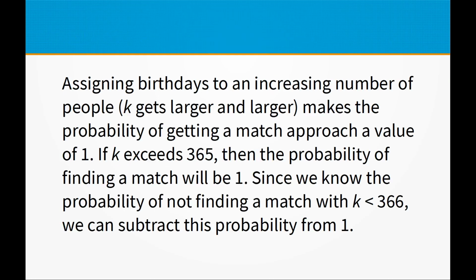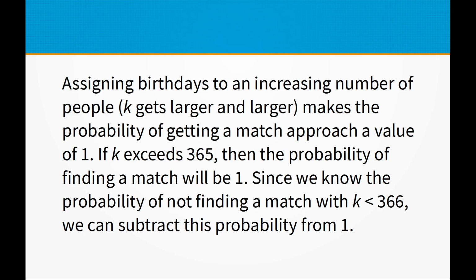So we know that assigning birthdays to an increasing number of people, k getting larger and larger, such that it goes from, say, 300 to 320 to 330 to 350 to 360 to 365, the probability is getting closer and closer to 1.